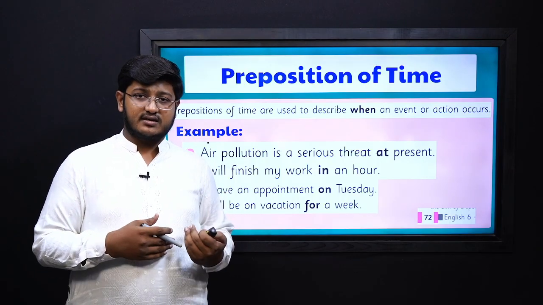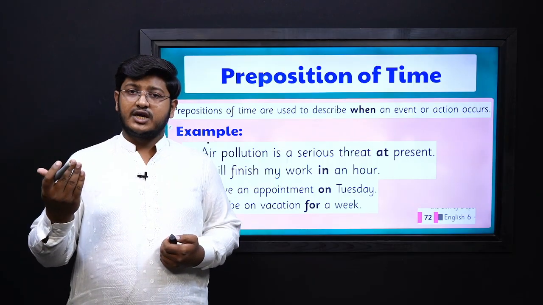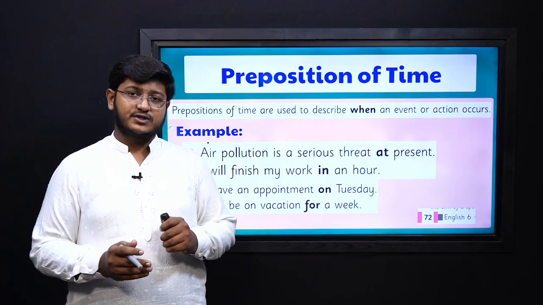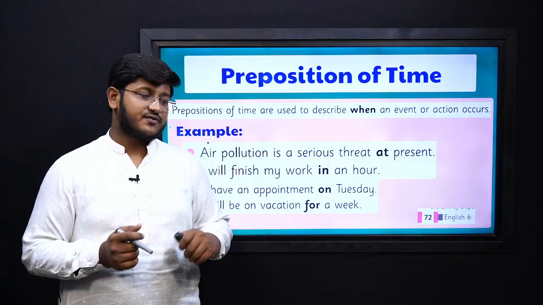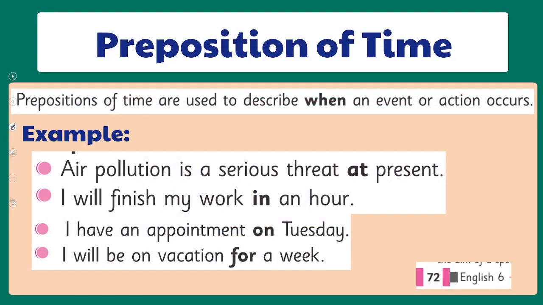So let's revise our concept and then we will go to the use of since and for, which are actually prepositions of time. Let's find out what is meant by preposition of time. As you guys know, prepositions are positioning words. They indicate the position of something, the position of time, the position of place or something like that. Prepositions of time are used to describe when an event or action occurs.